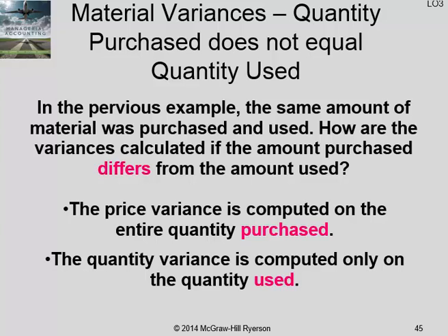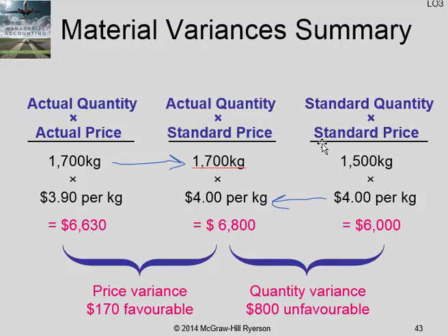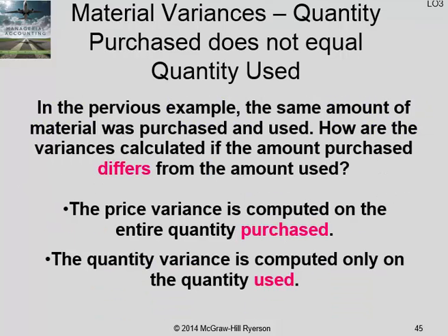So you've got a different quantity purchased from the quantity used, because, if you'll recall, this assumes the same quantity in both cases. So what do we do? Well, we compute the price variance based on the quantity purchased and the quantity variance based on the quantity used. Fairly logical.